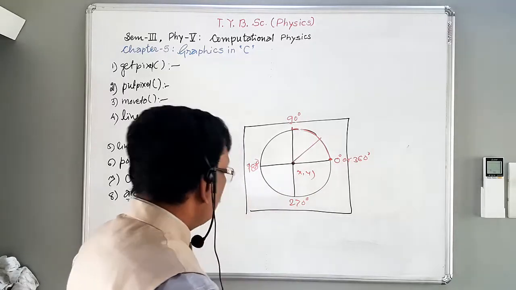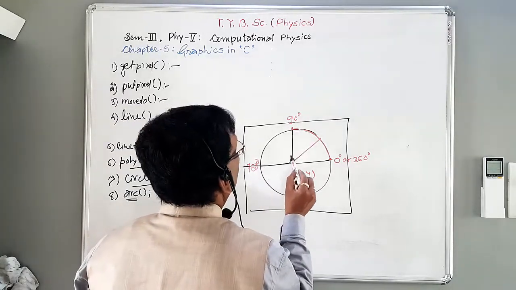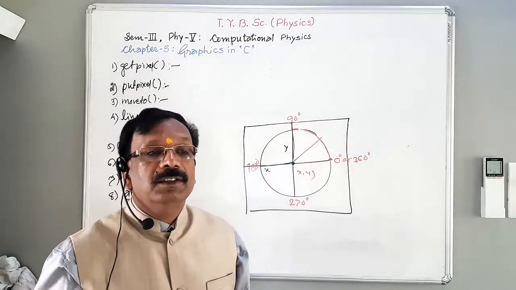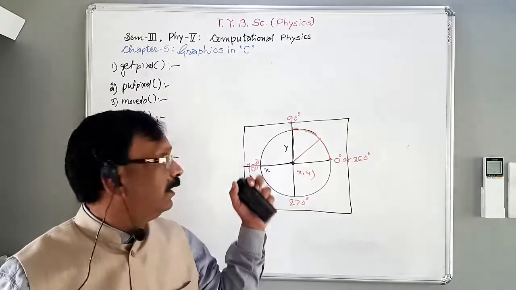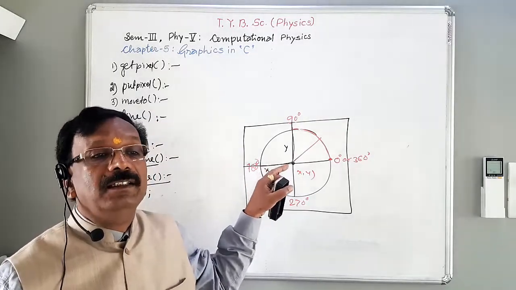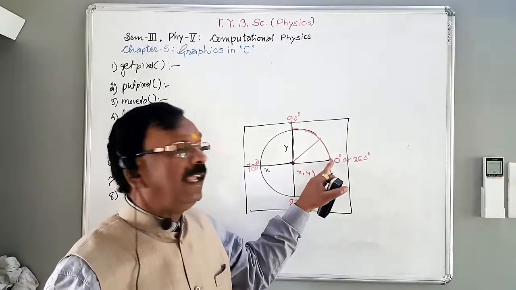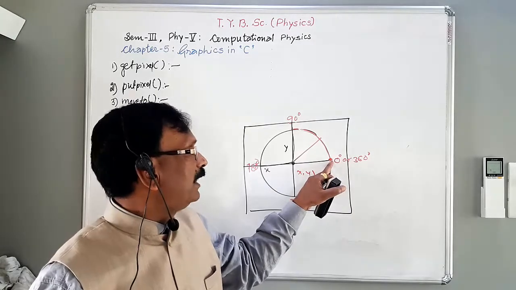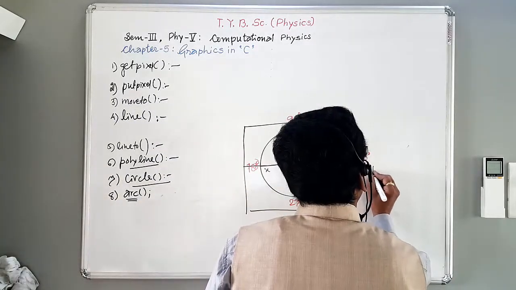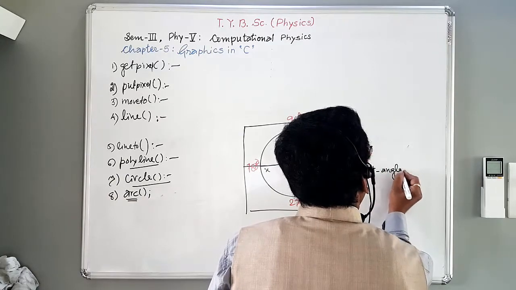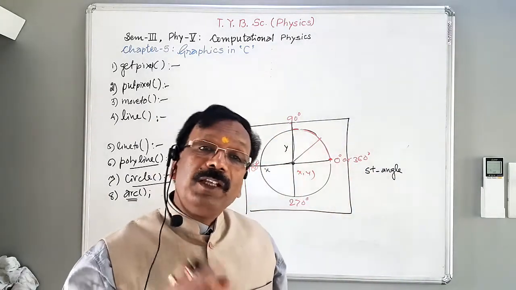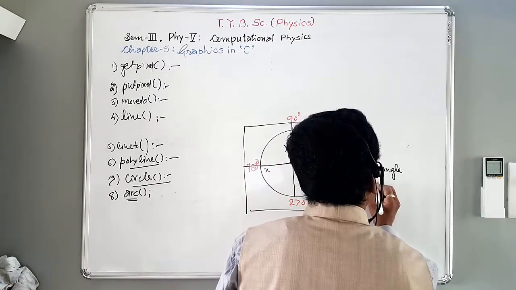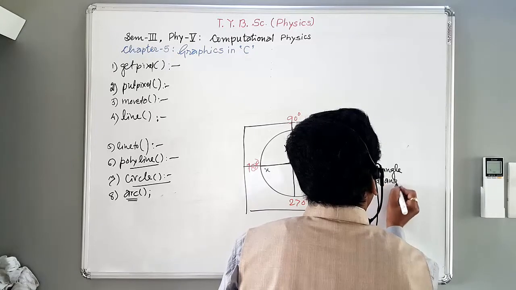Again we have to provide the x coordinate and y coordinate. So the function draws a circular arc having center x and y. And we have to also give the starting angle. Suppose this arc begins from here, 0 degrees. This is the starting angle, represented by start_angle. We have to also provide the ending angle, which is specified by end_angle.